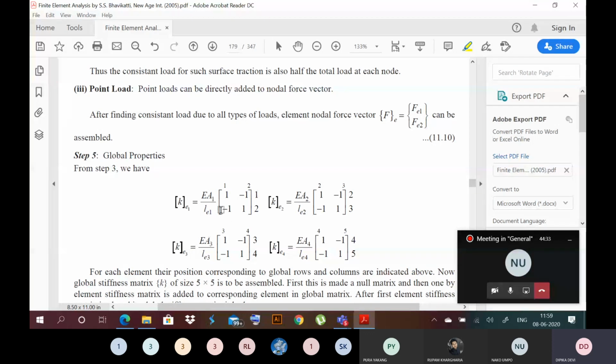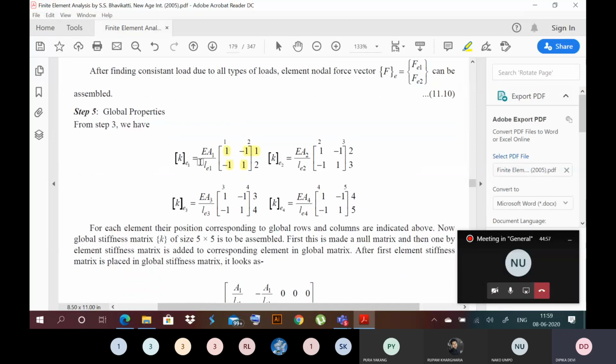EA1 by Le1 into 1 will go to the row and column corresponding to U1, V1. So that way you can find out the location of the elements of these element stiffness matrices in the global stiffness matrix, which we have already explained. Okay, so now we have to assemble them.